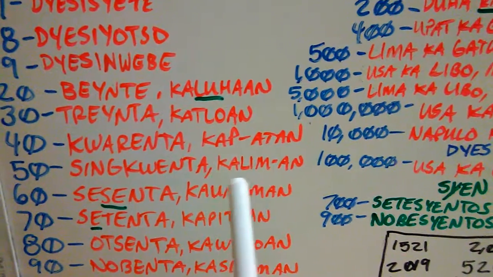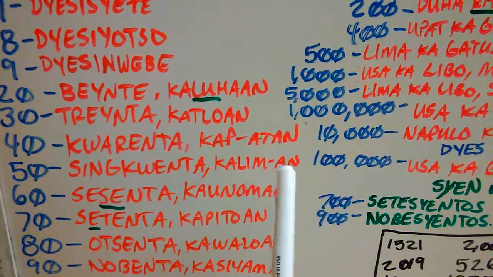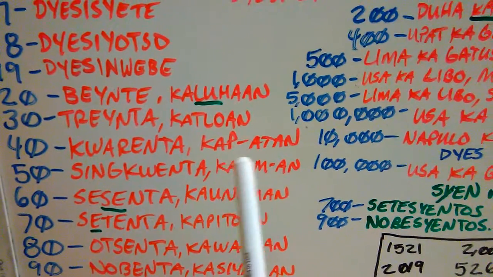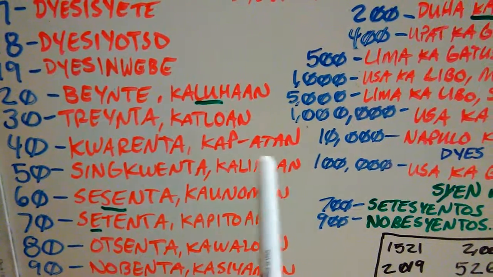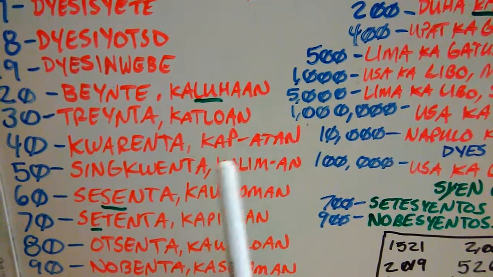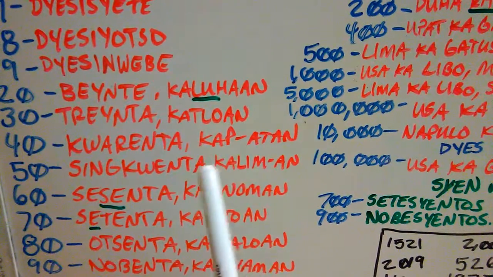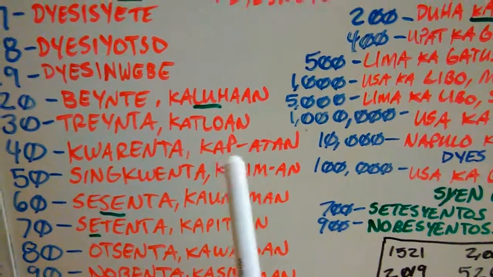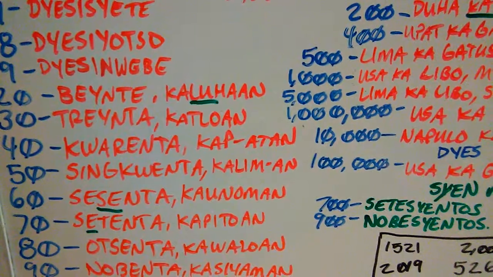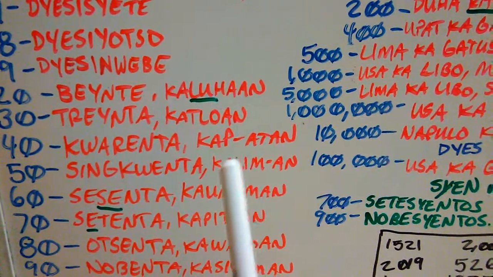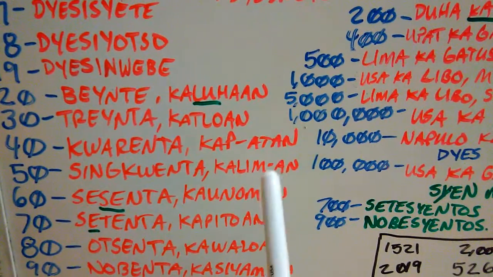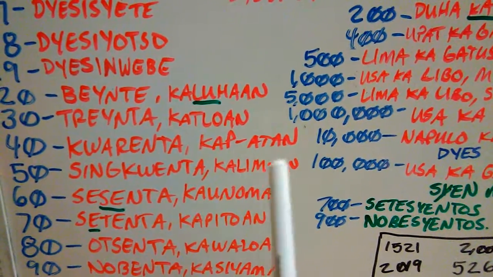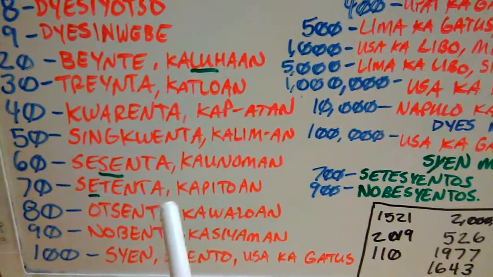Kalim-an, without the hyphen it's kalimaan, just like with 40, kaupatan, we get kapatan. Instead of saying kaupatan, we use the morphological process of deletion for that extra vowel. 50, kalim-an, instead of kalimaan.